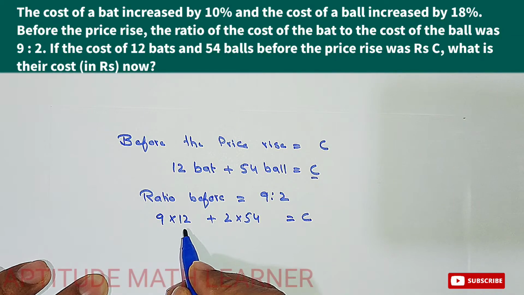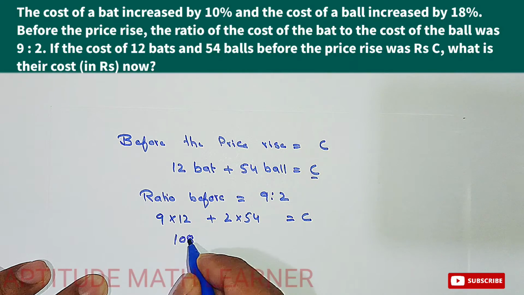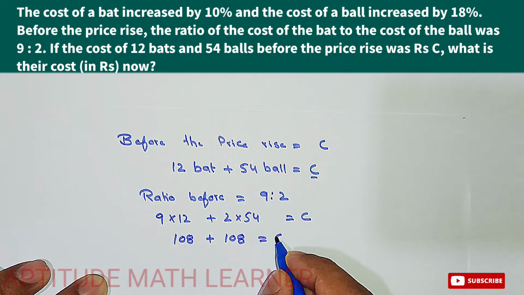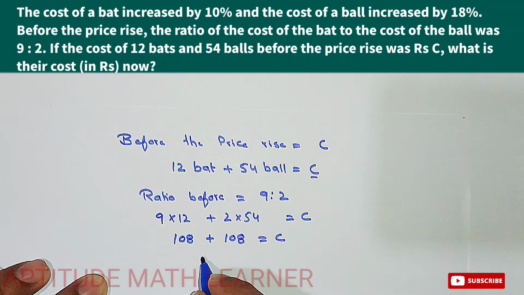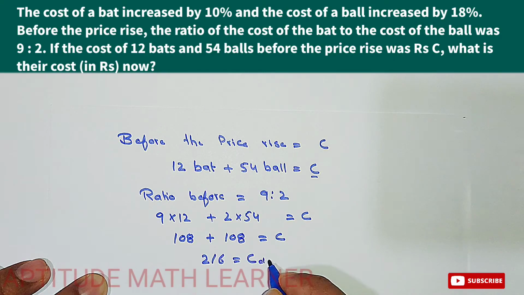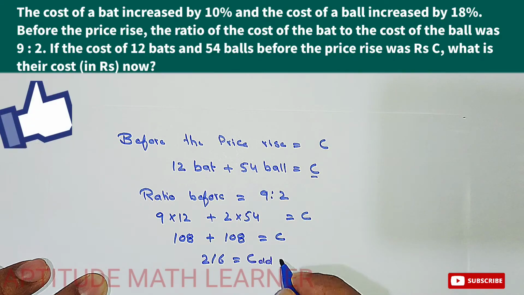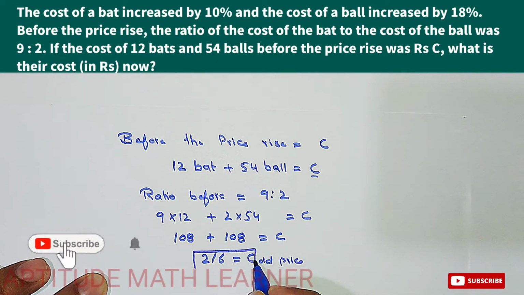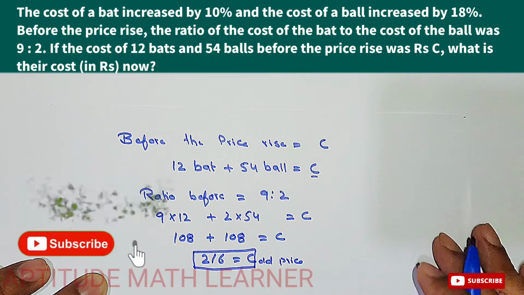So 9 multiplied by 12 gives 108, plus 2 multiplied by 54, here we also get 108. That is equal to C, and this becomes 216 is equal to C. This is the cost for old price.